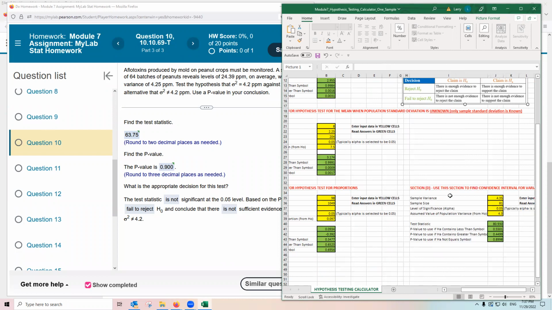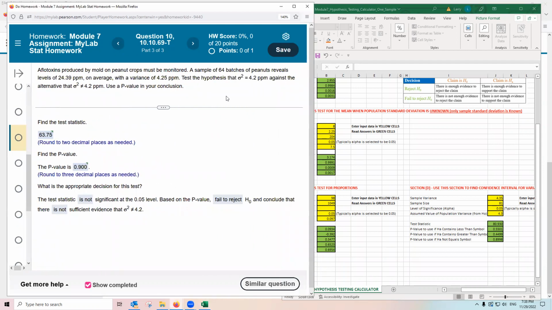All right, folks, I'm going to come here to section D because section D is hypothesis testing for variance. All right, so let's read this over. Let me move this a little bit more.